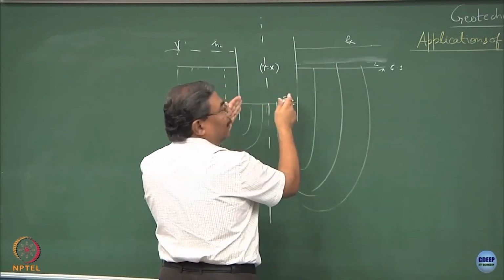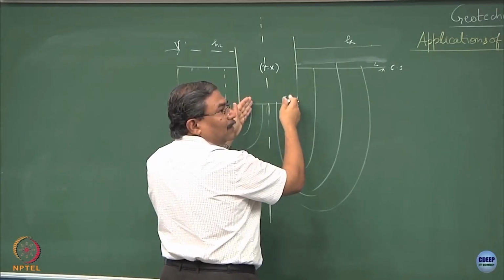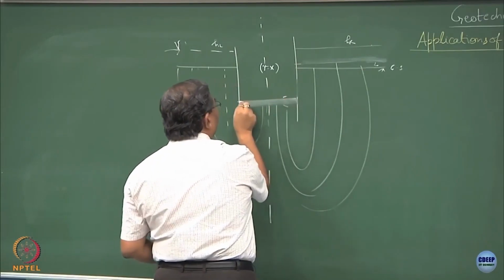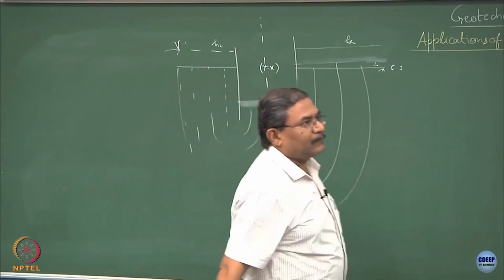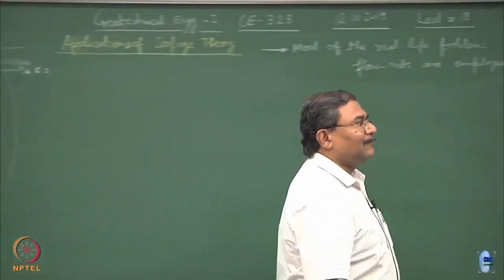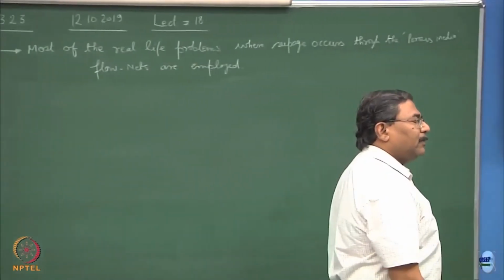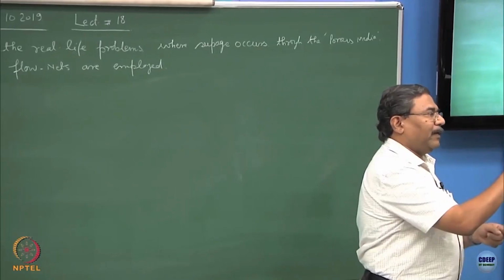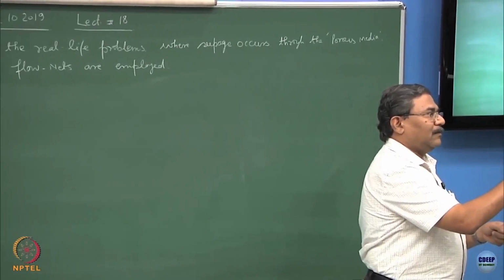But if you are not allowing any seepage to take place through, the whole problem will get changed, because then this becomes a what? What type of boundary condition this would be now? Flow lines coming and hitting a plane, equipotential.